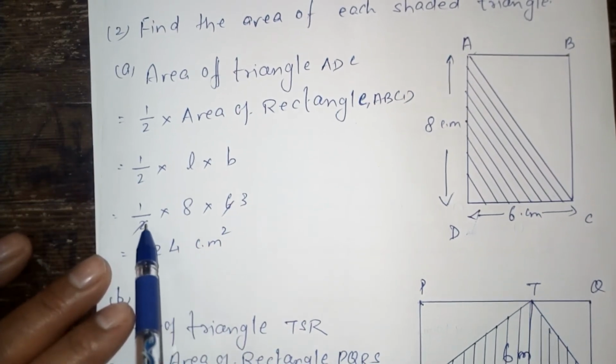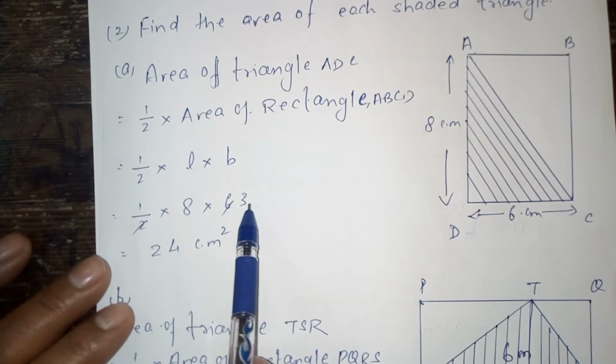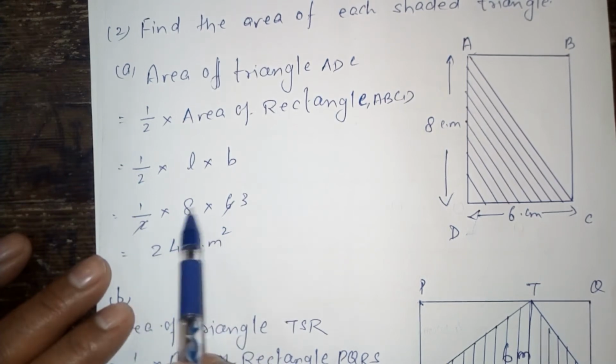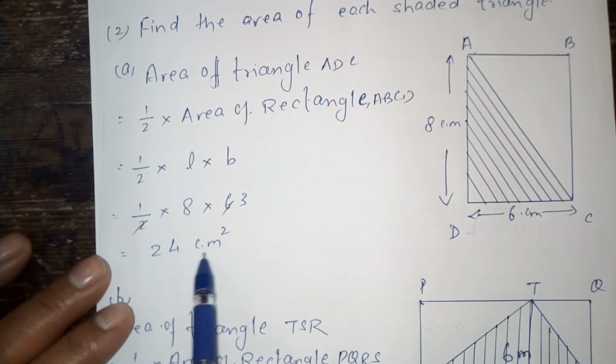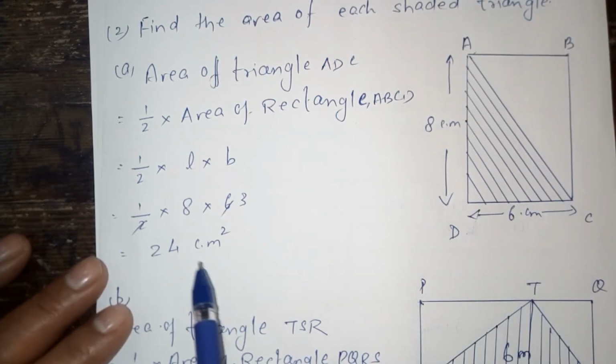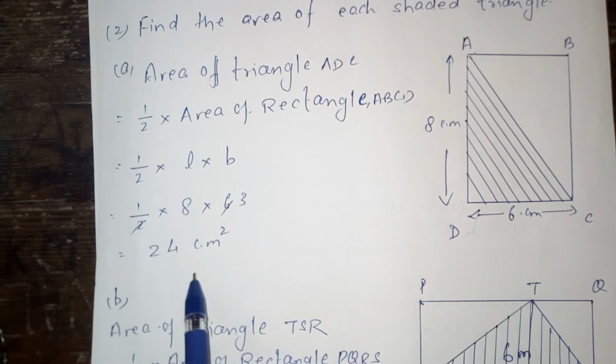After cancellation, 2 1s are 2, 2 3s are 6, 8 3s are 24 square centimeter. 24 square centimeter is the area of triangle ADC. This is the required answer for your required question.